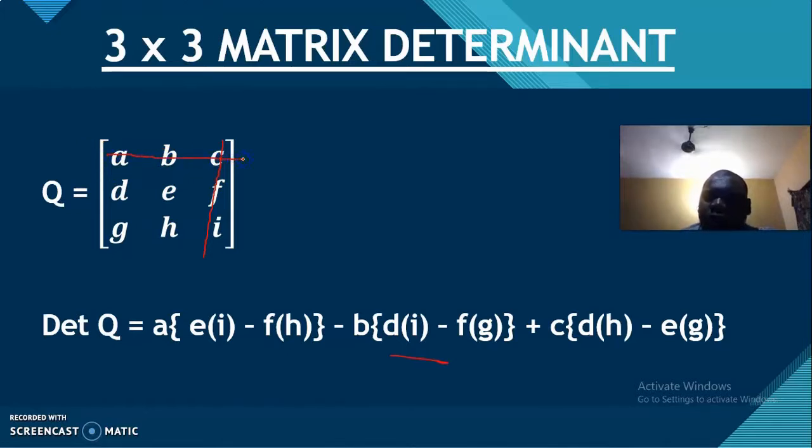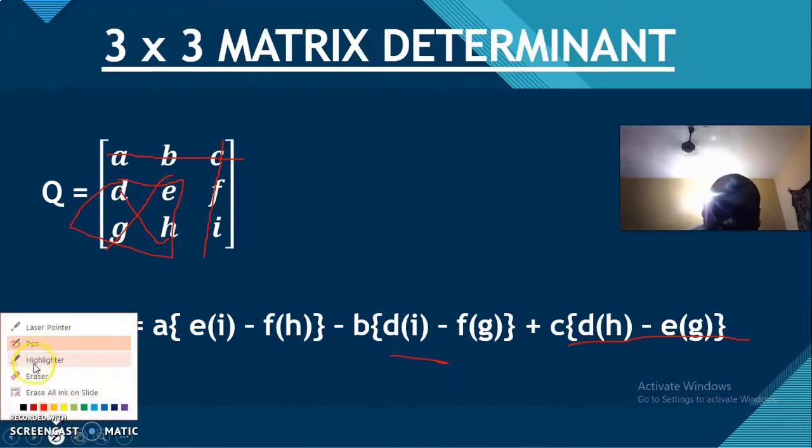So now we only have this 2 by 2 matrix, that is D, E and G, H. So now we have C open bracket D times H minus E times G. You can see it here, D times H minus E times G. This is the formula we're going to make use of.